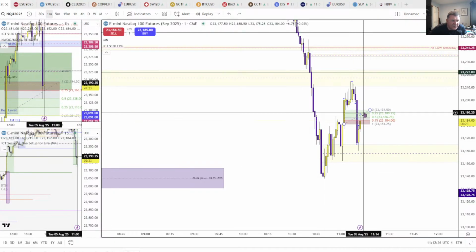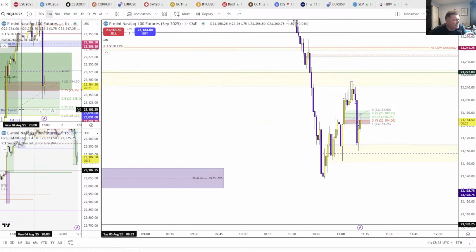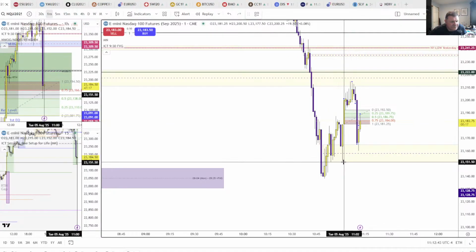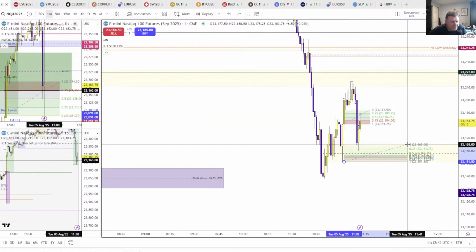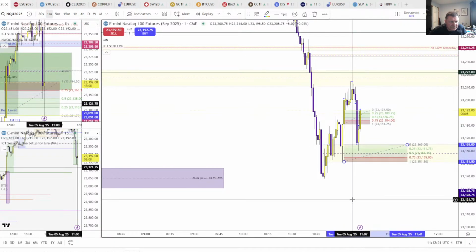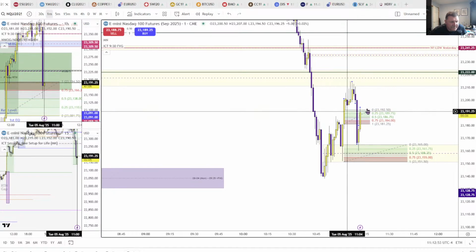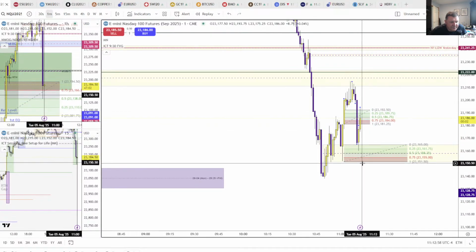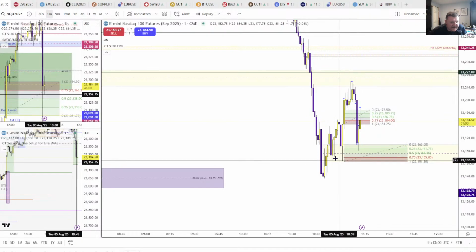So I want to see that go here, and then you pull. High is taken. Now I expect to see this low get taken here.